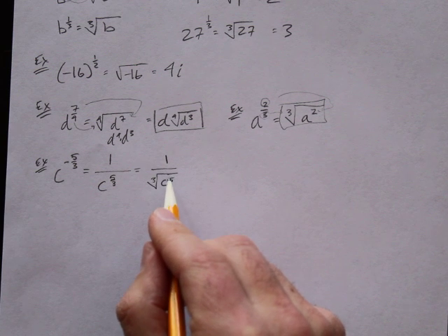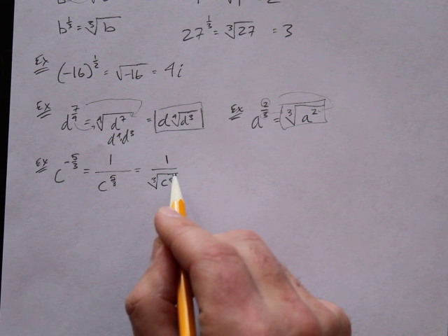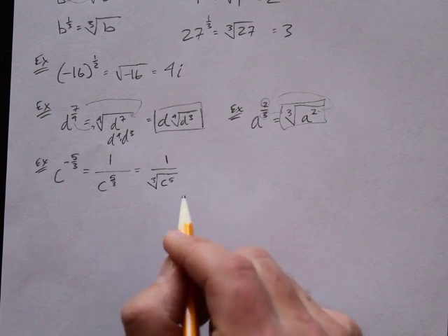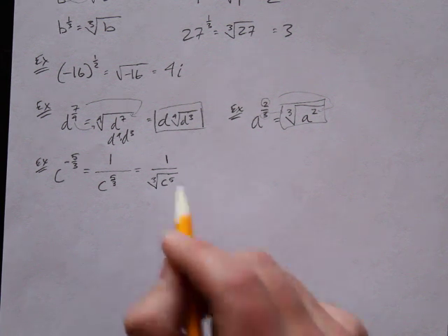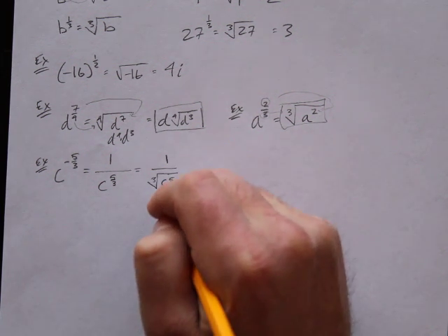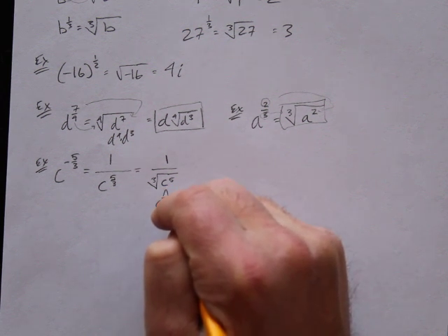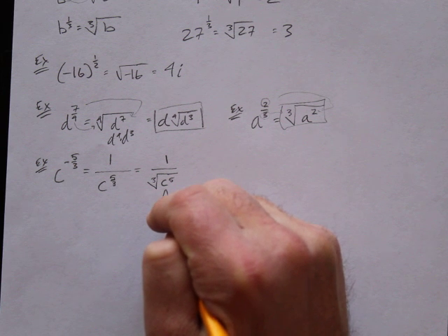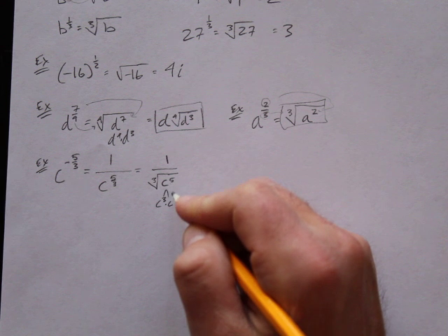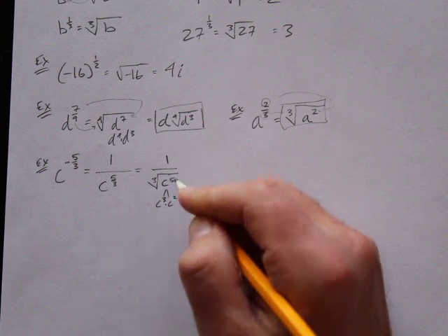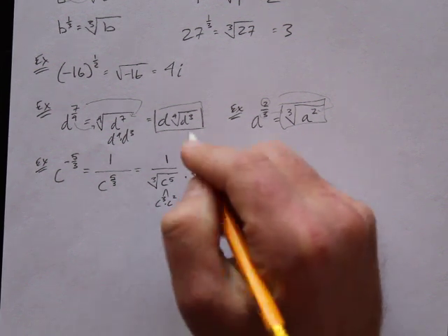Now we should keep working on this and rationalize the denominator. I didn't do that when we did the notes last time, but let's do it anyways. So this is c to the 3rd times c to the 2nd. So I need another c down here, cubed root of c. So I'm going to multiply the top and the bottom both by the cube root of c.